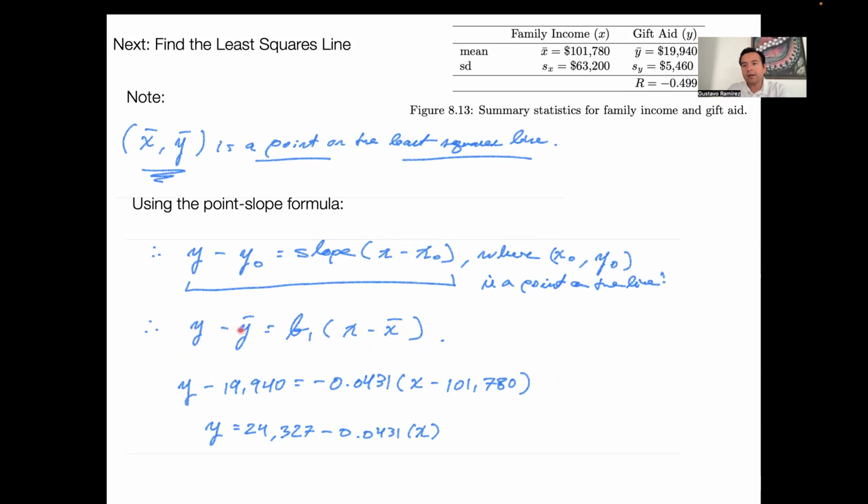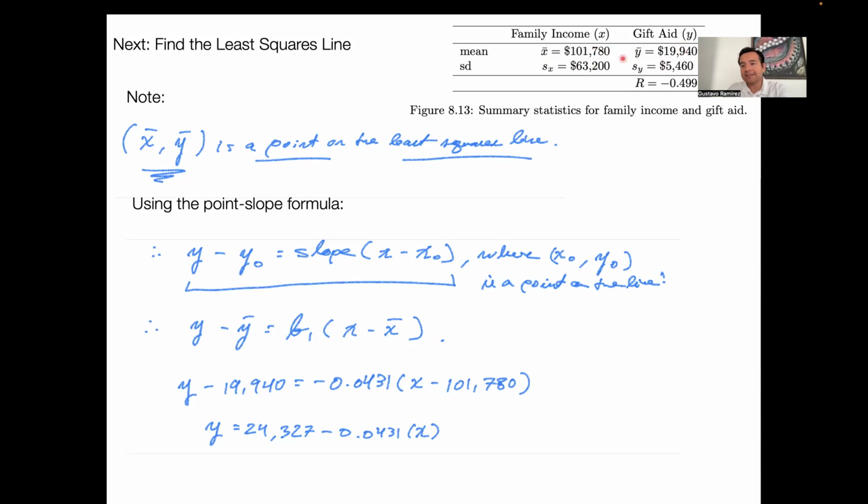The means of your response variable and of your predictor variable turn out to be an actual point that's already on that least squares best fit line. So you can literally take the mean of your predictor variable and consider that a value of x, and take the mean of your response variable and consider that a value of y.